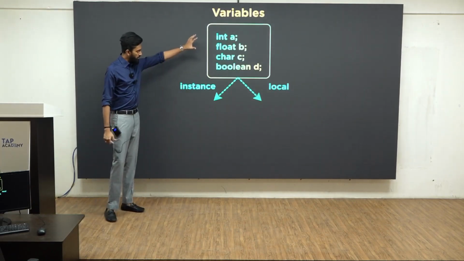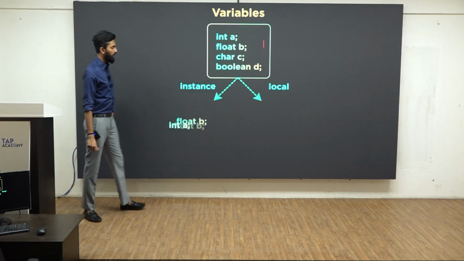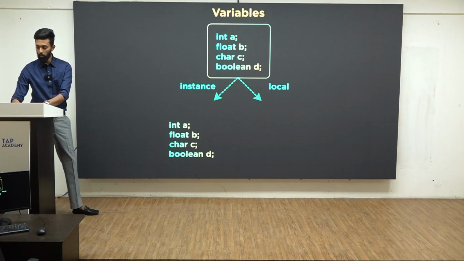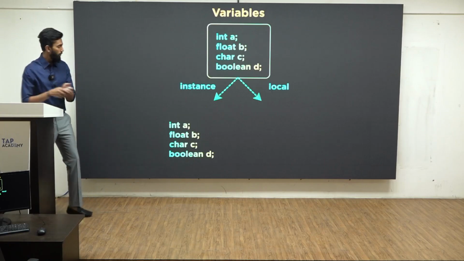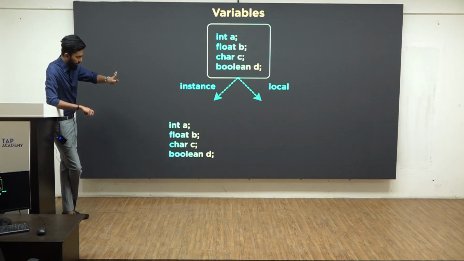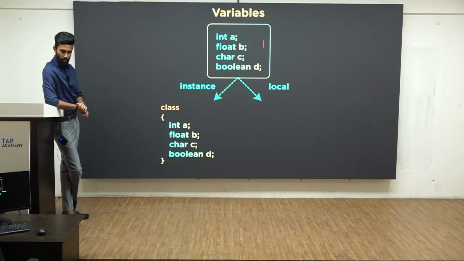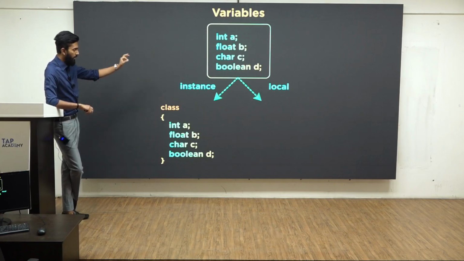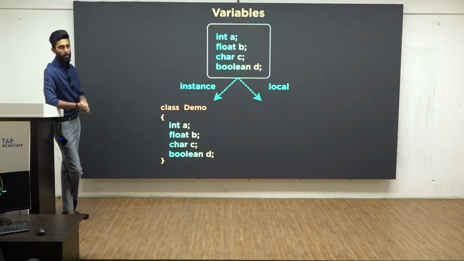Listen. These same 4 variables, I am just going to write them again. Okay? Sir, then what are you going to do? Then what I am essentially going to do now is put these 4 variables inside a class. Inside a class. And I will call this class Demo, like this.